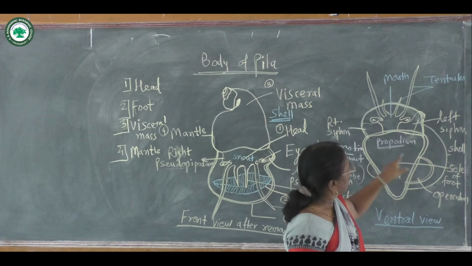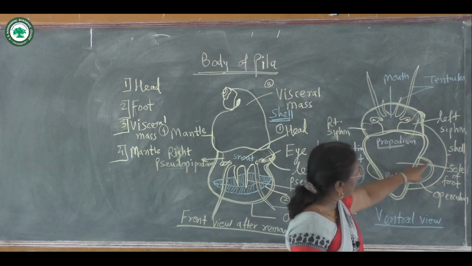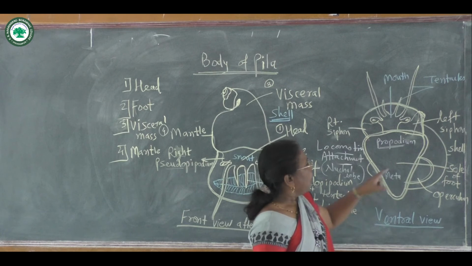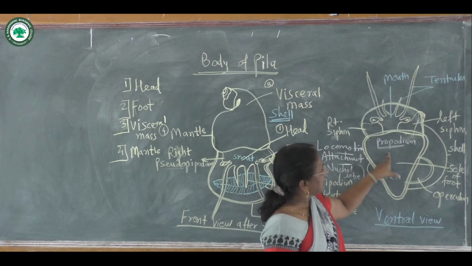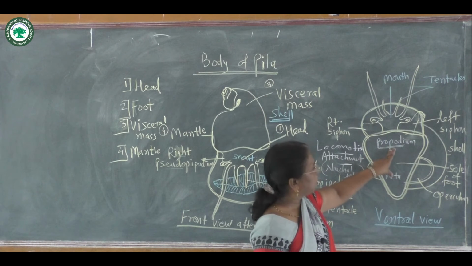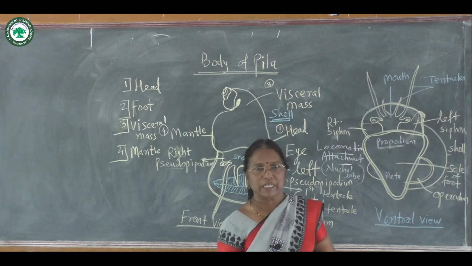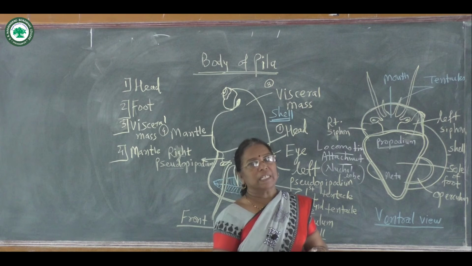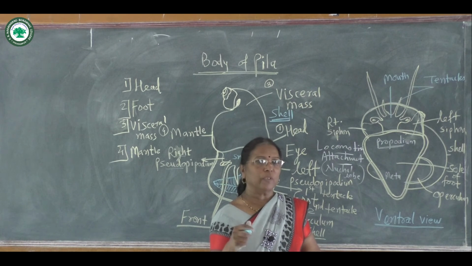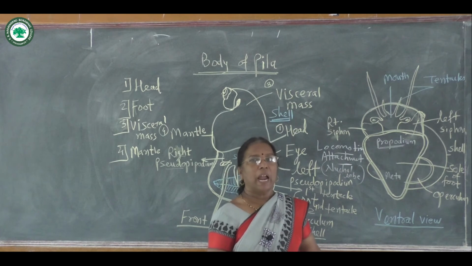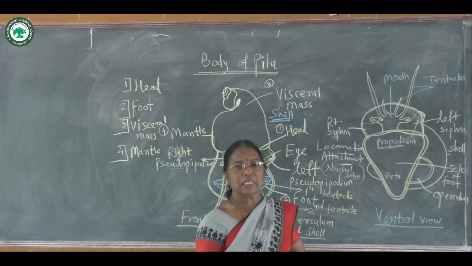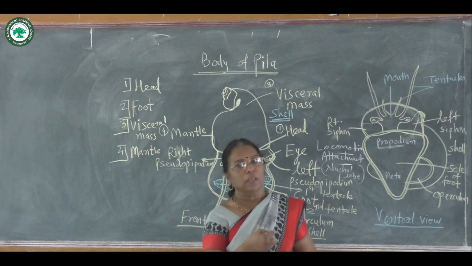Behind this foot there is the operculum, which is the same structure like that of the shell. Operculum attaches with the ventral part of the foot with the help of columellar muscles, and columellar muscles prevent the withdrawal of head and foot, and when there is disturbance at that time columellar muscles withdraw head and foot.